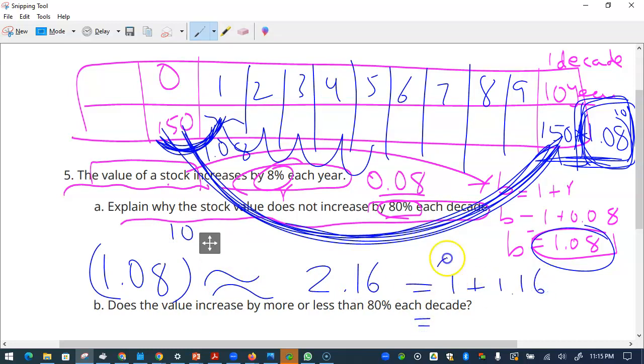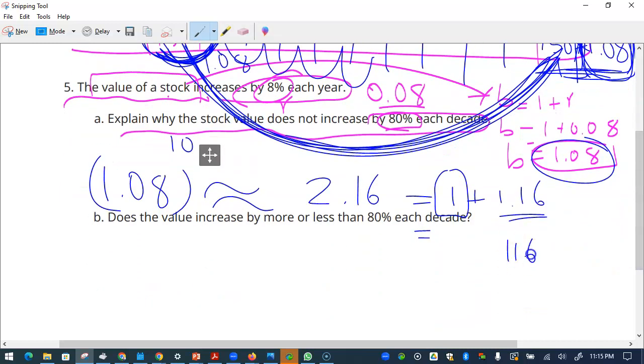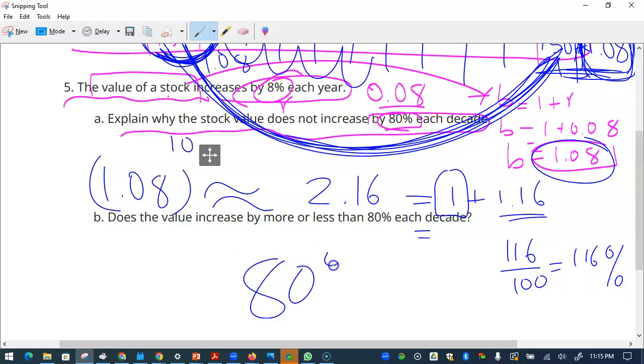It means this is the original, whatever the 150, and the other part is going to be 116 divided by 100, which is 116%. So it's not 80%, but it goes up 116%.